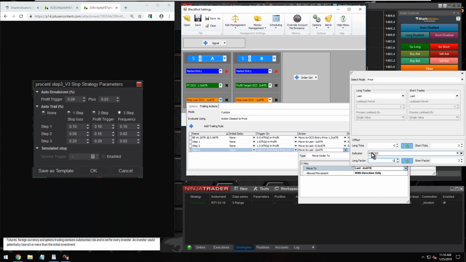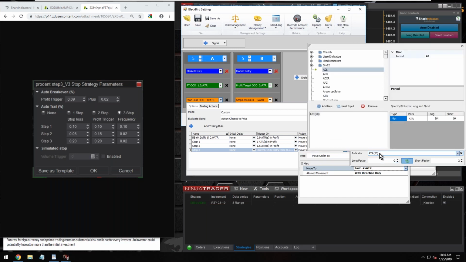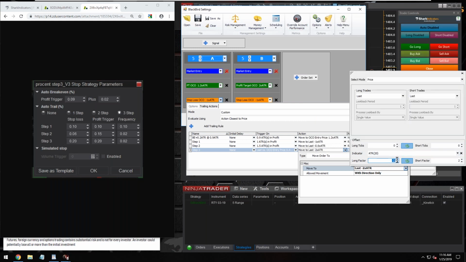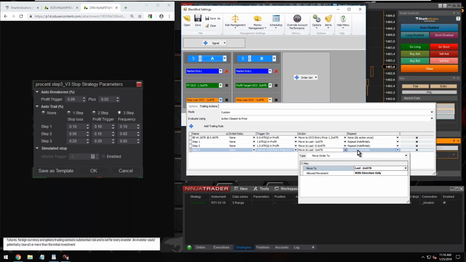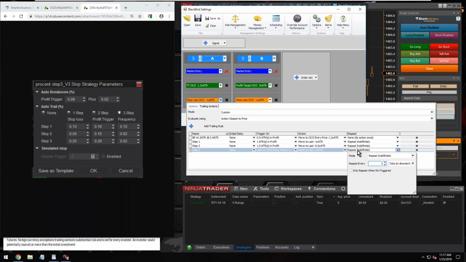Again, you could just take your custom indicator and replace the ATR with your custom indicator, and of course put in your multiplier offset to your indicator's percentage value, and then the repeat.